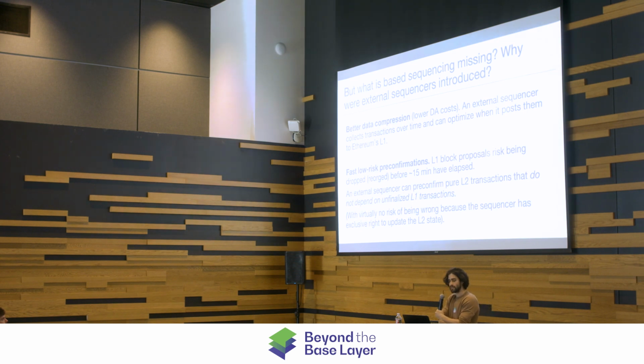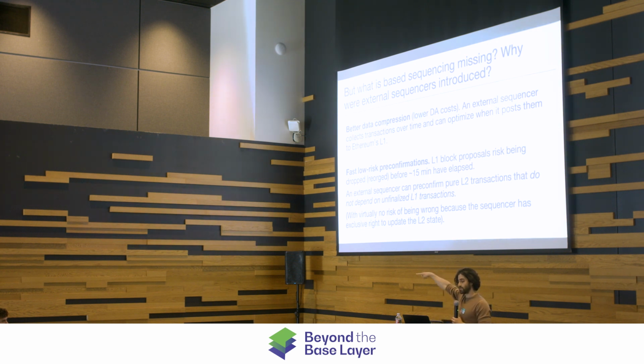The second reason is fast, low-risk pre-confirmations. So, yes, you can make these promises. You could promise to a user that you included some transaction in the L1 block, and that promise takes only 100 milliseconds to verify, but you still take on some risk because there's a risk that Ethereum will reorg. In fact, until 15 minutes have elapsed, there's still a chance that Ethereum transactions will reverse.